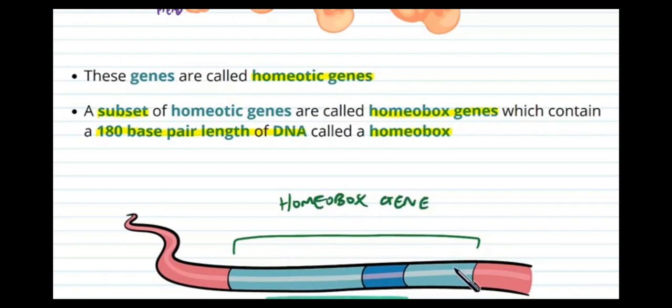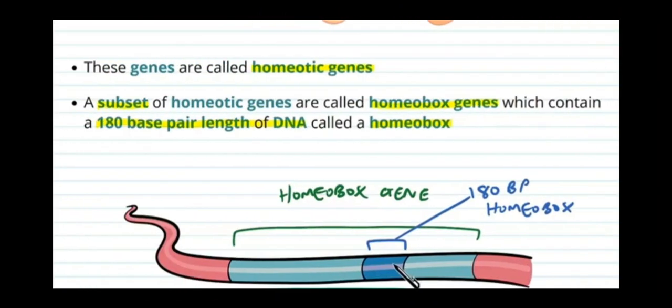So, the subset of the homeotic genes is called the homeobox gene, and these homeobox genes contain certain reserved sequences of about 180 base pair length of DNA, and this 180 base pair length of DNA is called the homeobox.